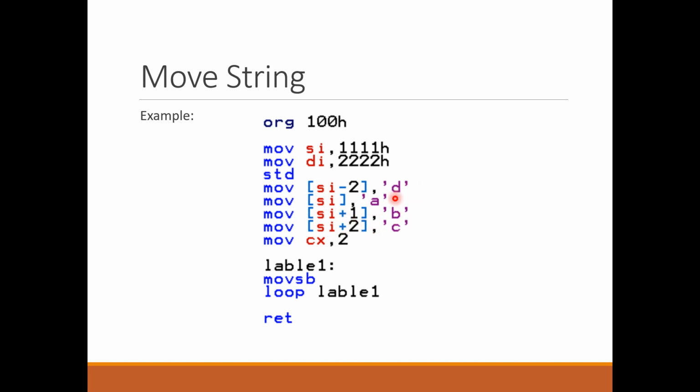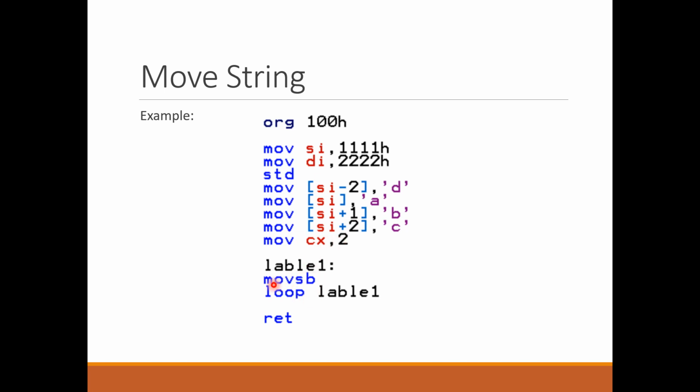Those are characters which are combined together to form a string. But those values are not going to be stored as they are inside the memory location. Their ASCII codes are going to be stored. For example, the ASCII code of A is 61, 62, 63, 64, and we say move CX, 2. That means repeat this loop 2 times.